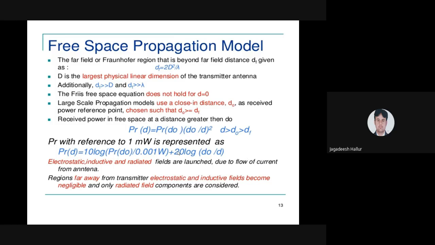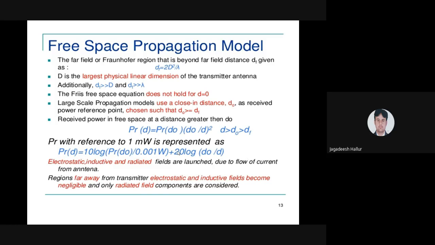And lastly, for calculating PR of D with respect to the initial and maximum distances, PR of D is equal to PR of D naught into D naught divided by D, whole square.